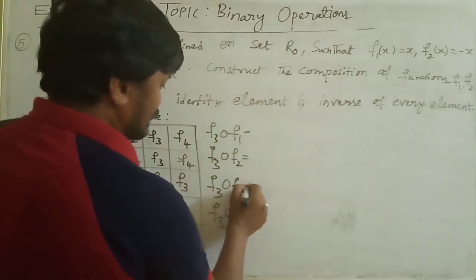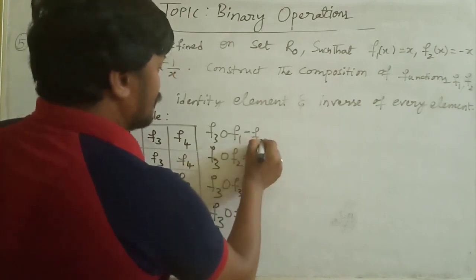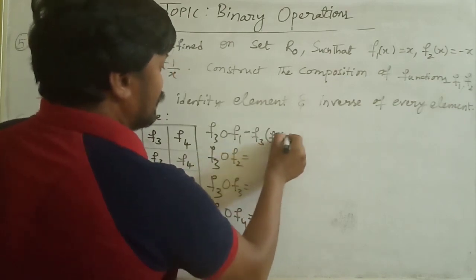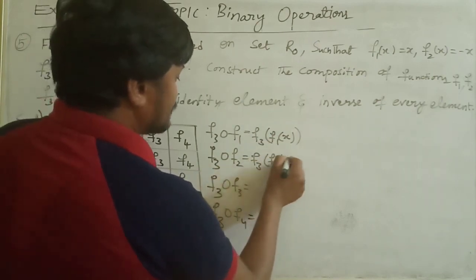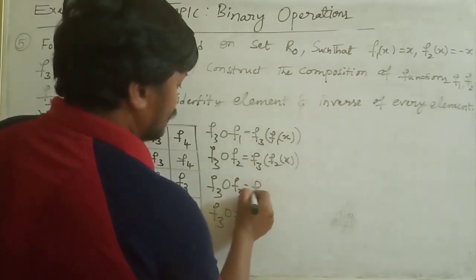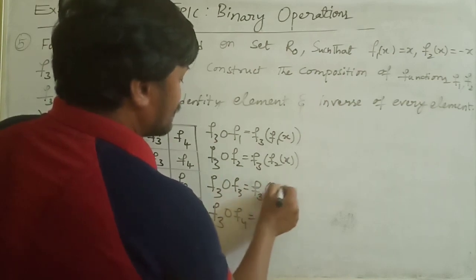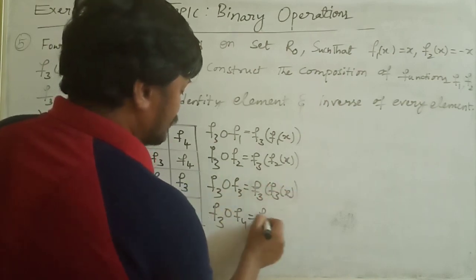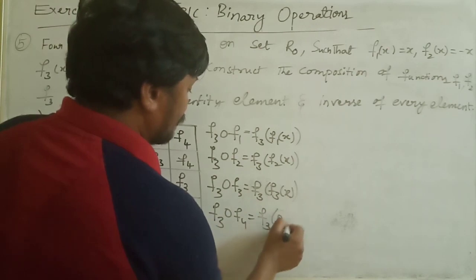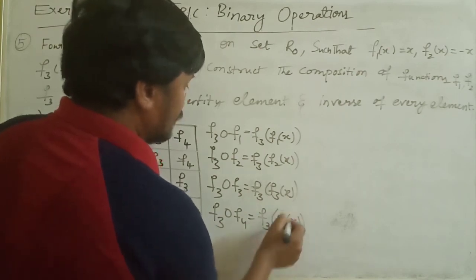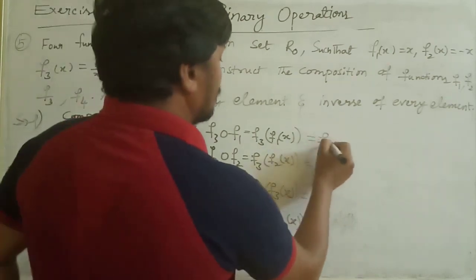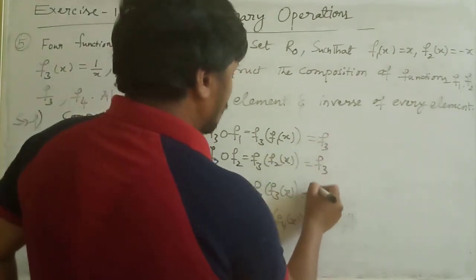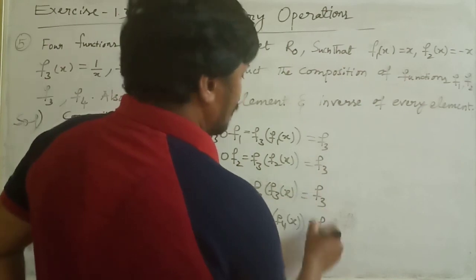Then with the same method, f3 of f1 of x, then f3 of f2 of x, next f3 of x, next f3 of f4 of x. Then that is equal to f3 in all the places.